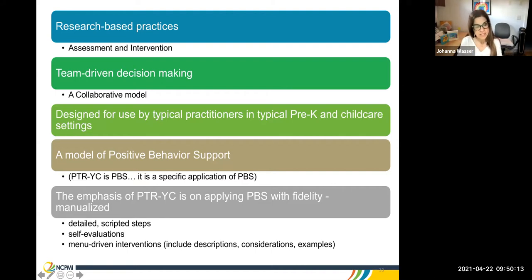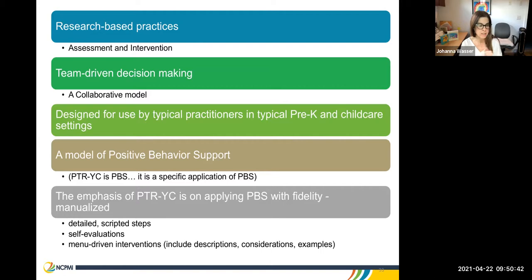Okay, and then lastly, really that emphasis on that manualized, right? There's scripts in here. We have 4 case studies, which are excellent to read. You can see how each of the meetings were conducted based on the forms that were created. Also, for every step, there's a self-assessment for the team. Did you do X, Y, and Z, right?